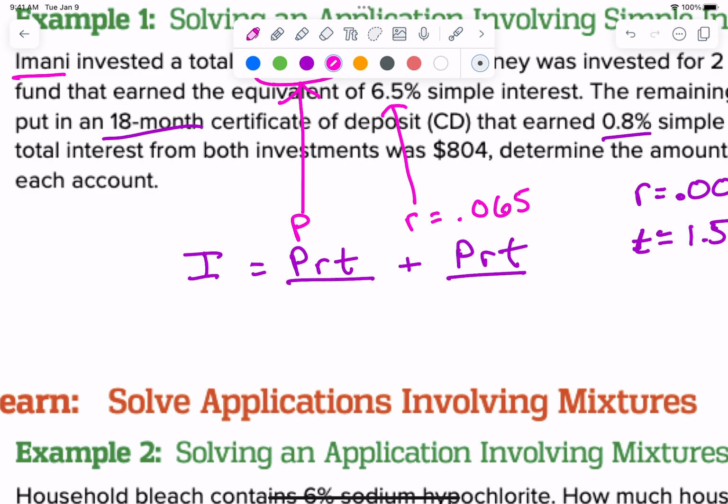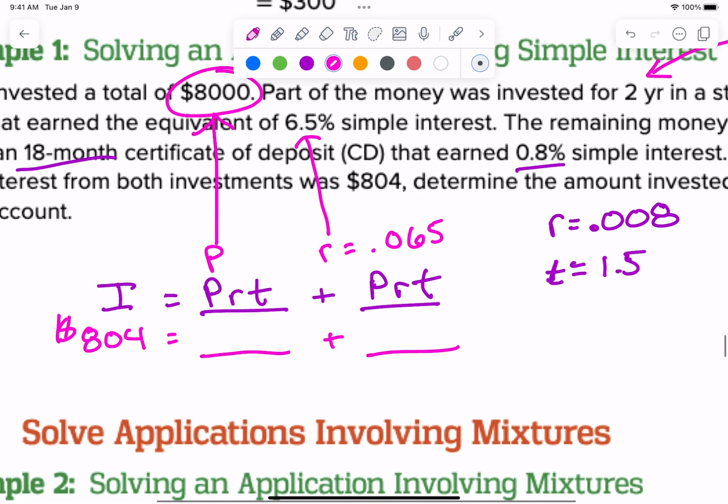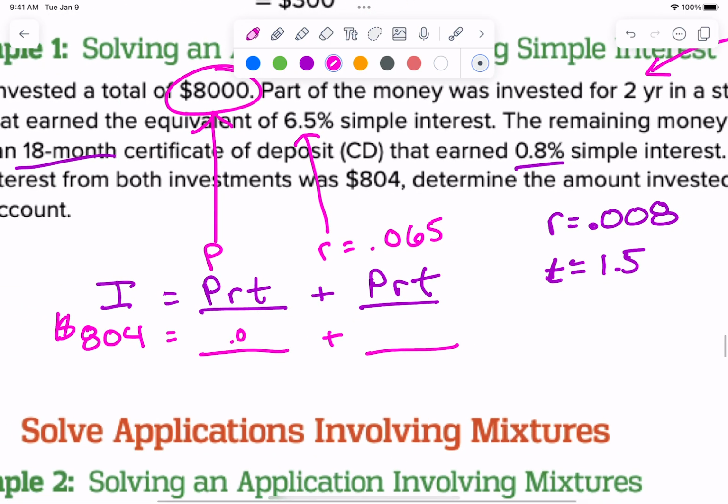What is I going to be? How much interest was there total together? 804, right? It says 804 was the total interest with both groups together, okay? So the original rate was 6.5%, so 0.065, and the time was 2. But we don't know how much we put in there, right?